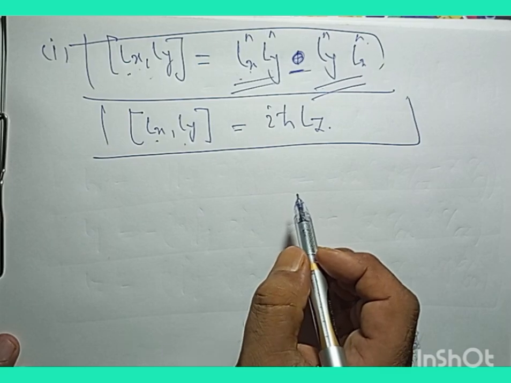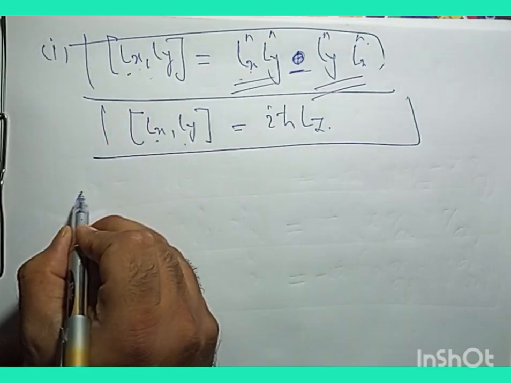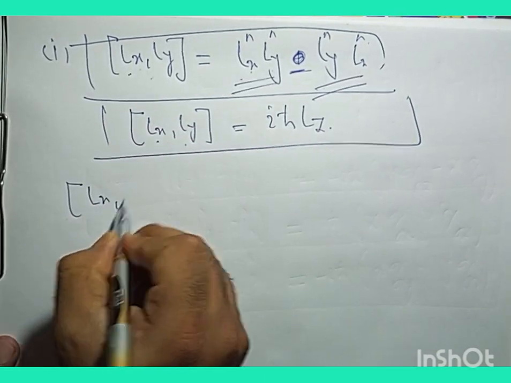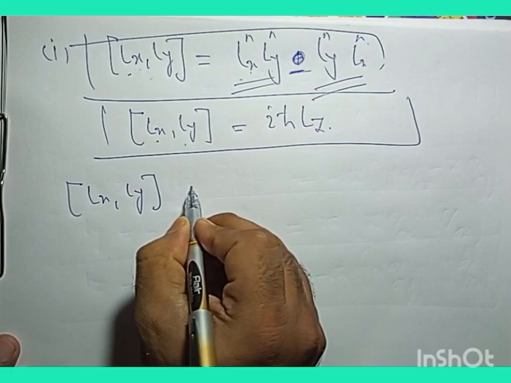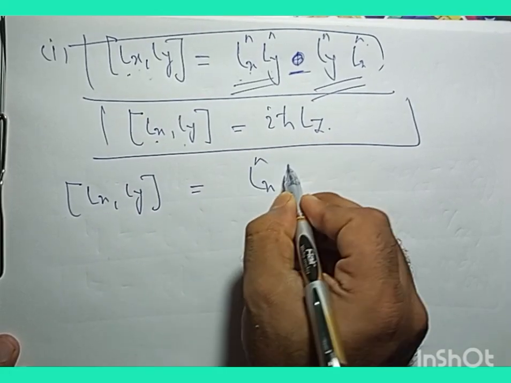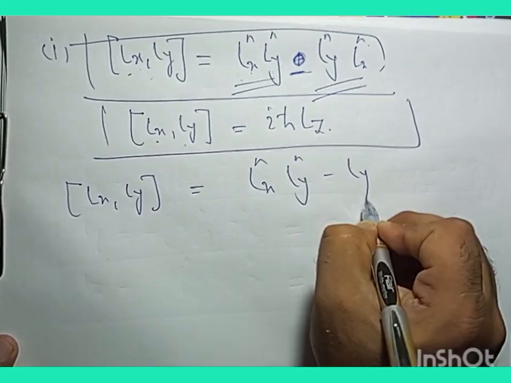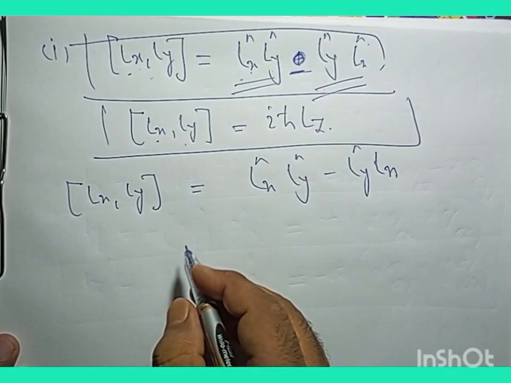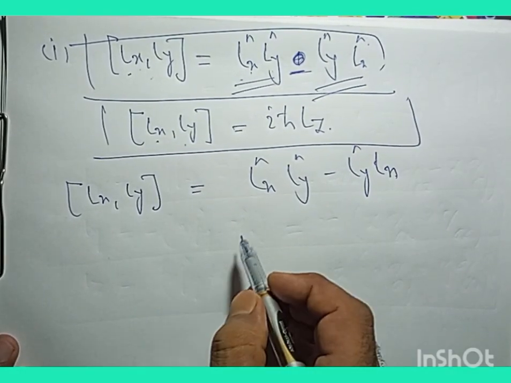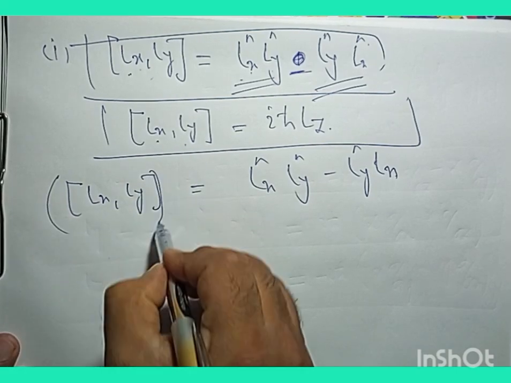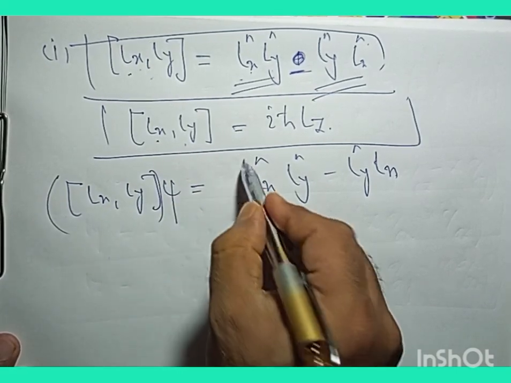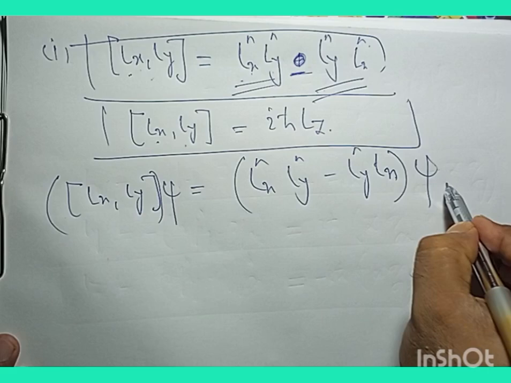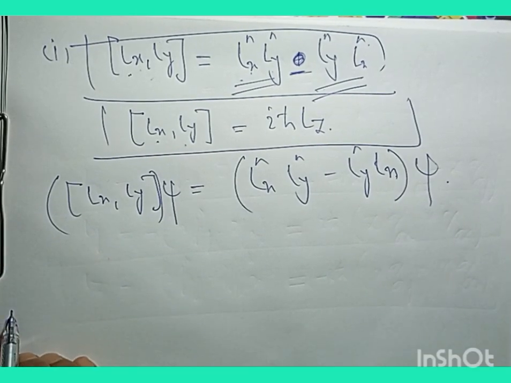So if I take that equation again, the commutator of Lx and Ly is simply Lx Ly minus Ly Lx, and I would like to operate this commutation relation on psi, the wave function.